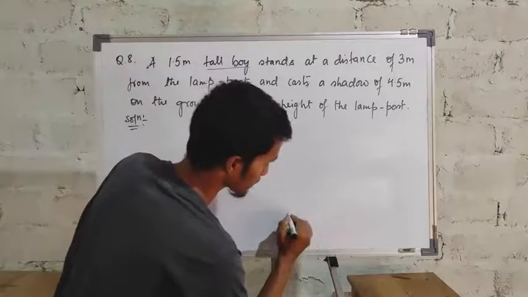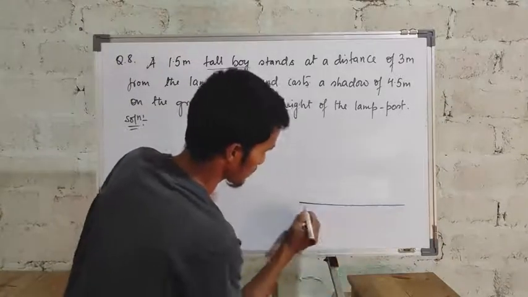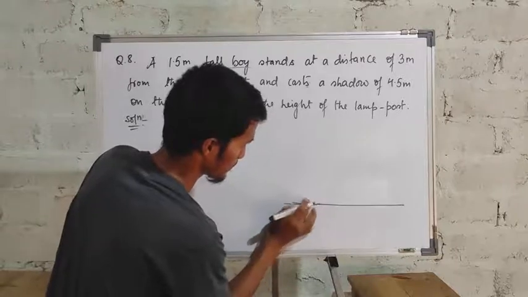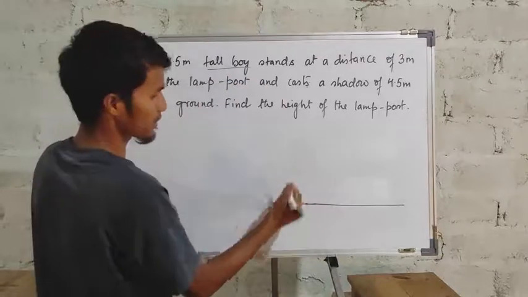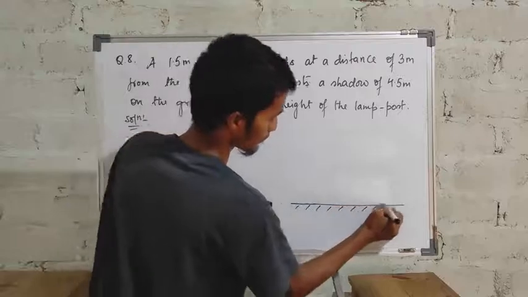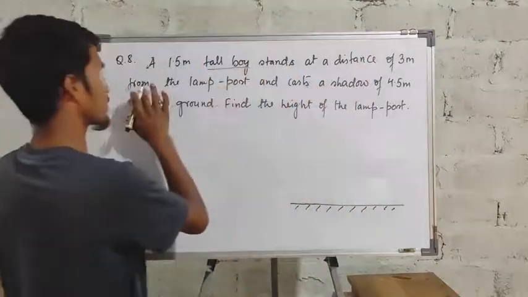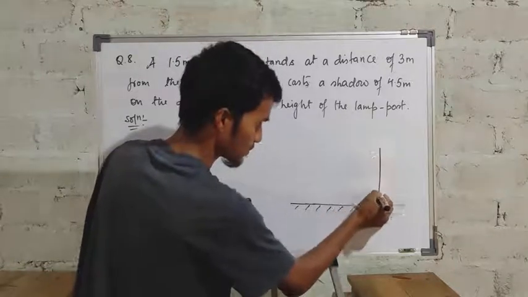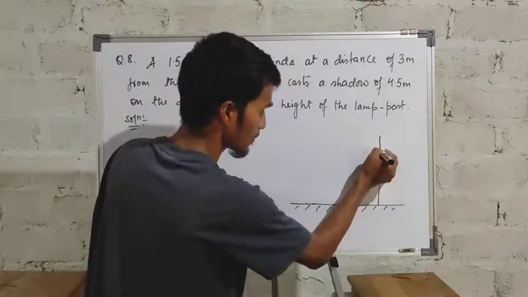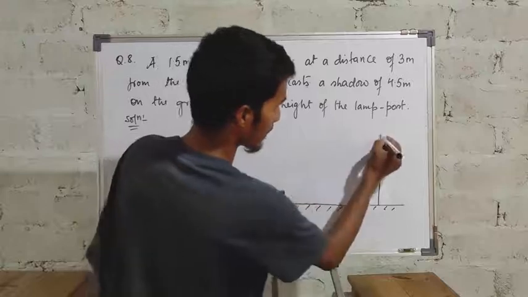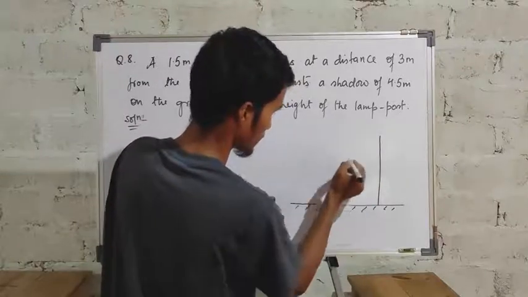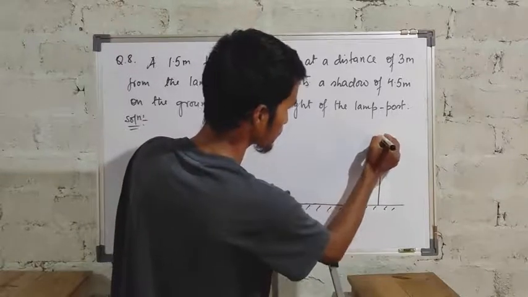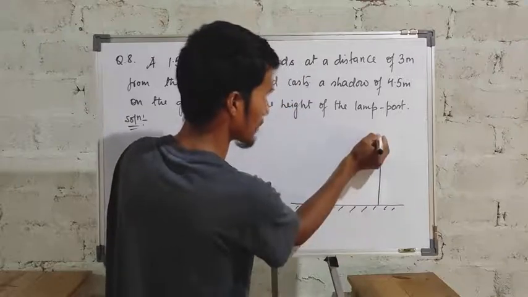Consider this is the ground. He stands on the ground at a distance of 3 meter from the lamp post. Let's take this as a lamp post, like this.